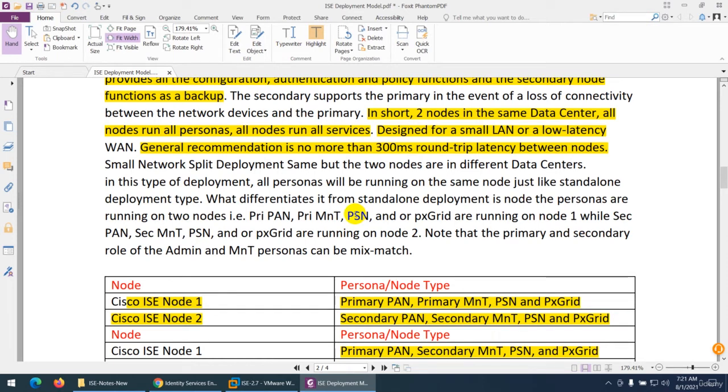Suppose you have branches, because you can deploy them in one data center, and this small network can also be split across different data centers. And nowadays I see, and we deploy them, in different branches using SD-WAN.